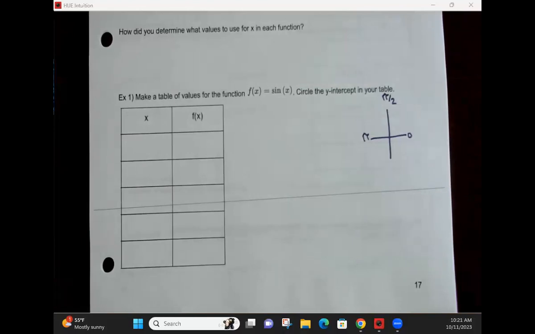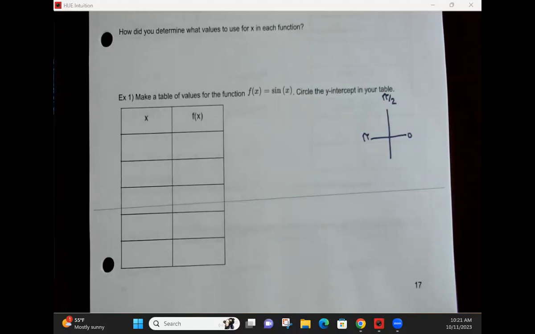Okay. So while I'm making my table of values, why for sine would I choose to evaluate sine of 5, right? I have no idea what sine of 5 is. I can approximate that it's going to be a little less than 2 pi, right? Because 2 pi would be a little more than 6. So if I were to plug in sine of 5, I could sort of estimate, if I sketched it out, where that may fall and get maybe a close guess.